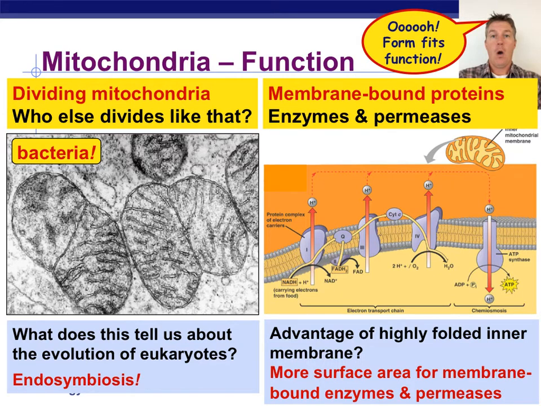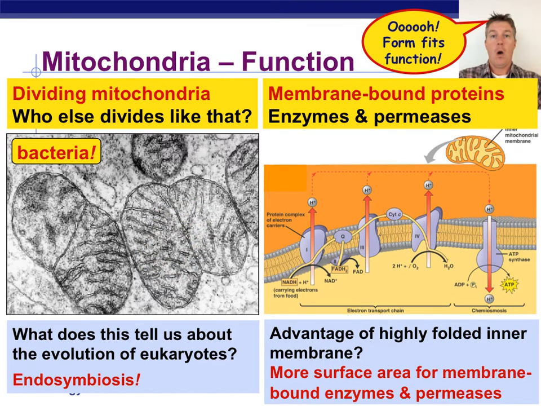We also want to visit the idea of the endosymbiosis that the mitochondria support. They divide exactly like bacteria divide, and they show a lot of properties of prokaryotes, really. They actually even have their own ribosomes. They have their own DNA. They have their own protein synthesis within those organelles.